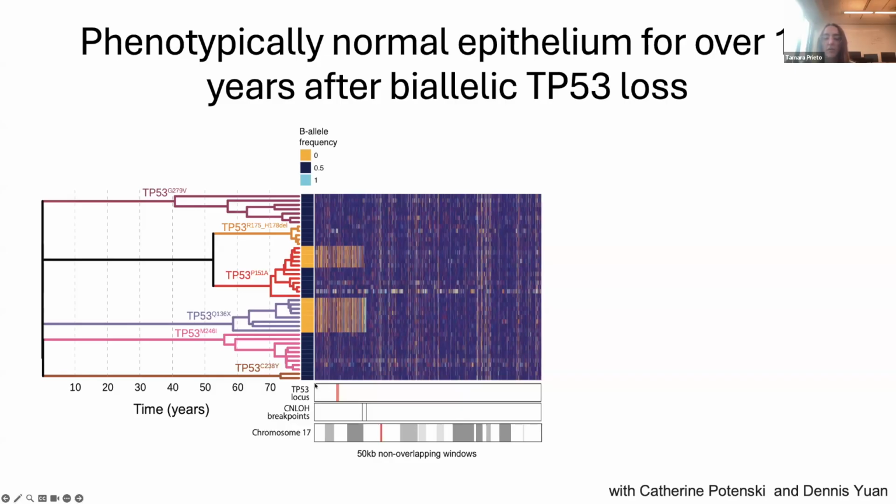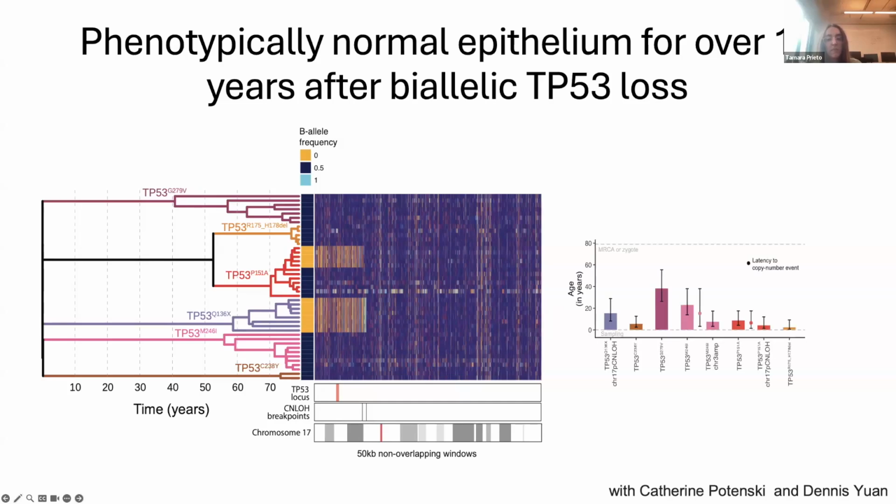However, the clone carrying the most pathogenic mutation and about half of the cells from another clone showed loss of heterozygosity in chromosome 17p. This was clearly visible in the heat map as a loss of B allele frequencies from germline SNPs, indicating that the mutation in those cells had become homozygous.